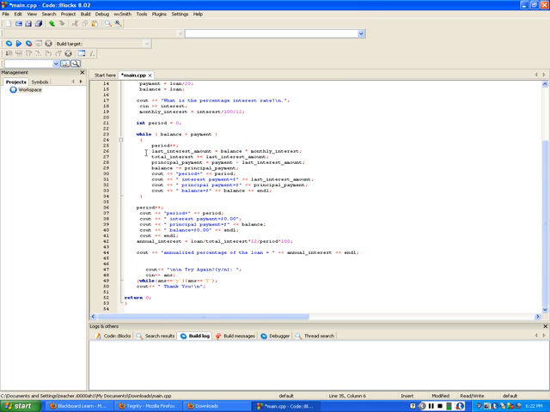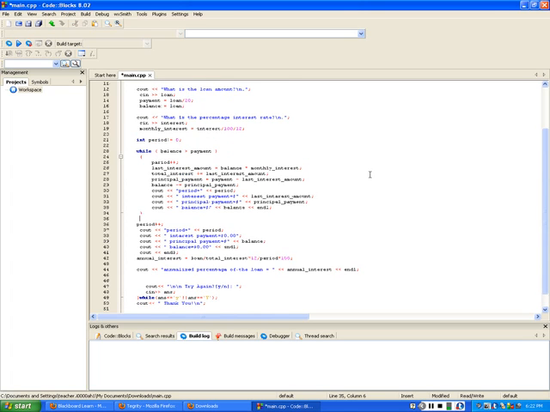Okay, so let's look at this. Balance equal payment. Last interest amount equal balance times monthly interest. How did you find your monthly interest? Monthly interest is interest divided by 100 divided by 12.